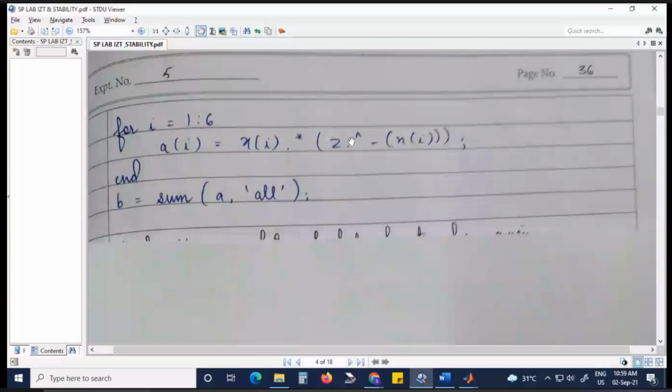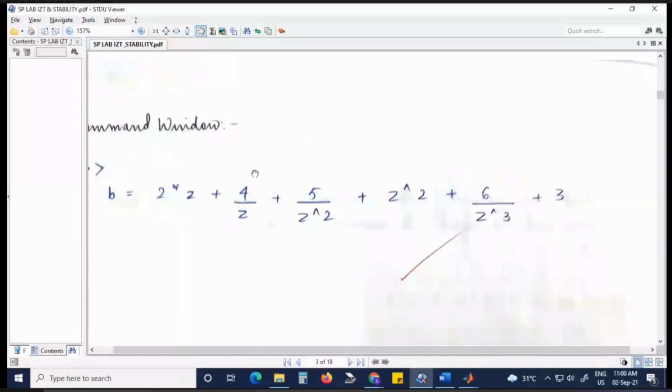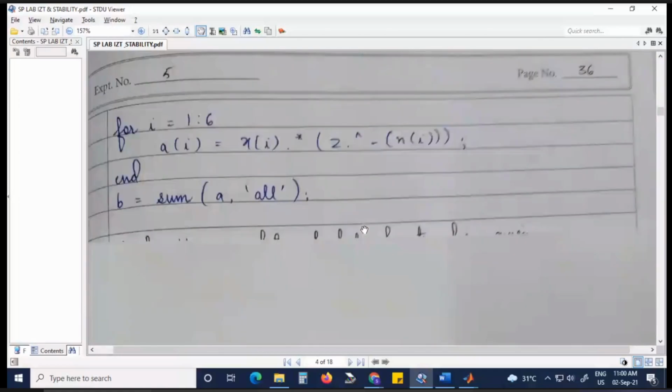For each value of n it is considered. Then the sum is calculated, b is equal to sum of a. That means all individual terms are added. In the array a, all the individual terms, like 2 times z squared, 4 by z, are calculated and automatically added.